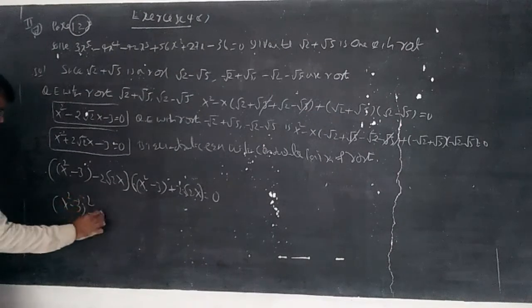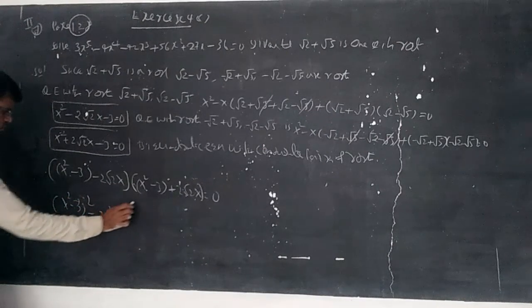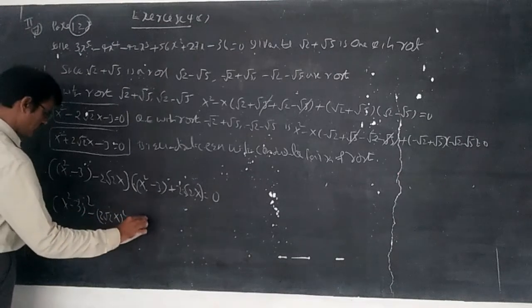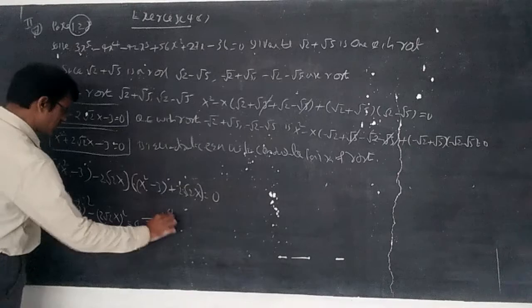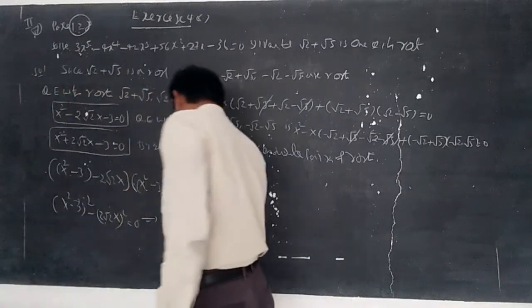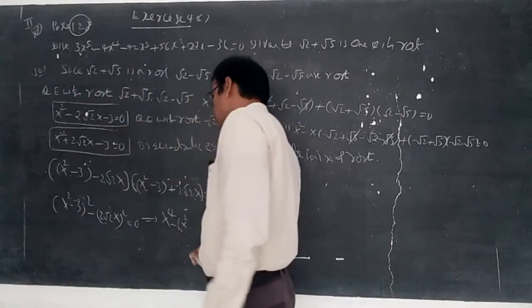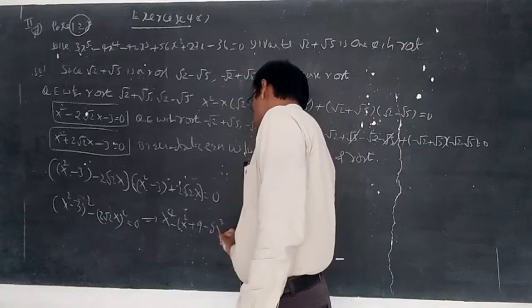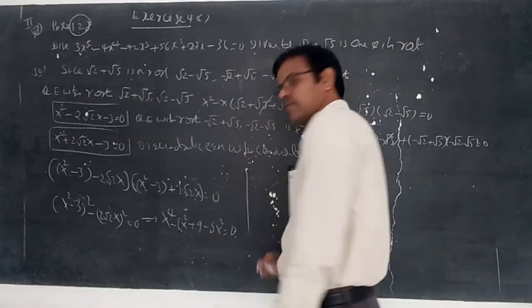x square minus 3 whole square minus 2 root 2x whole square equal to 0. That implies x power 4 minus 6x square plus 9 minus 8x square equal to 0.